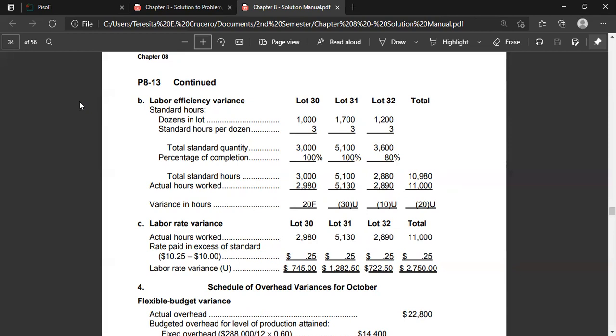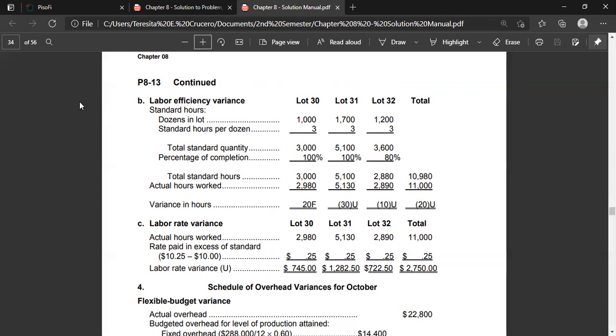So we have lot 30, 3,000, lot 31, 5,100, and lot 32, 3,600. Then we multiply this by the percentage of completion. We now get the results for lot 30, 3,000. For lot 31, we have 5,100.